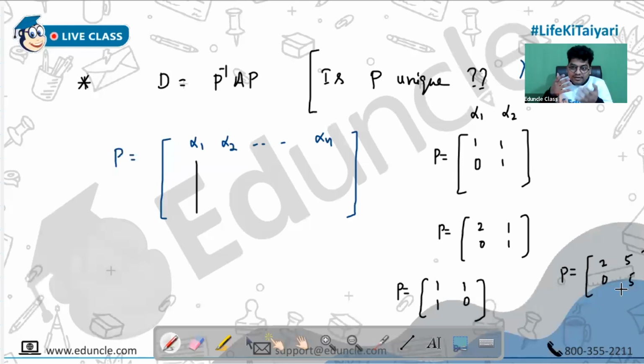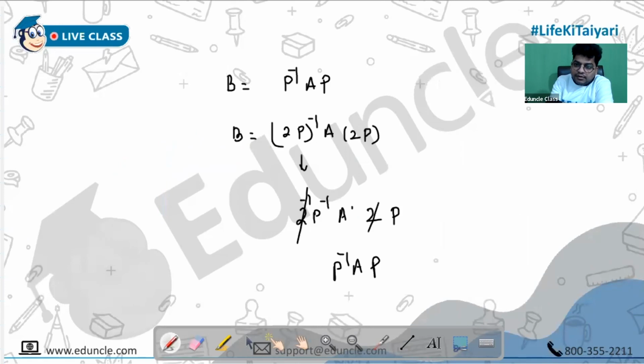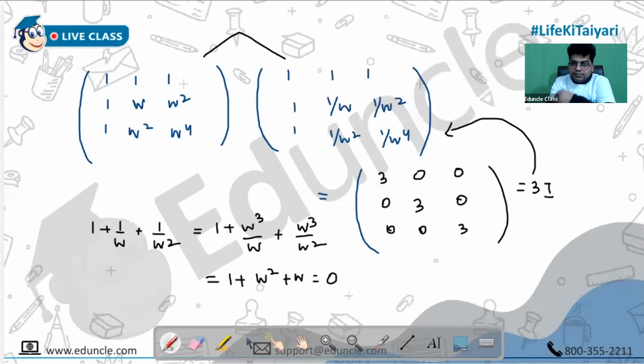It means that in diagonalization also we have infinitely many possibilities of P, and P is not unique. I did one question by which many of our concepts are clear, right? There are so many concepts clear with the help of this question.